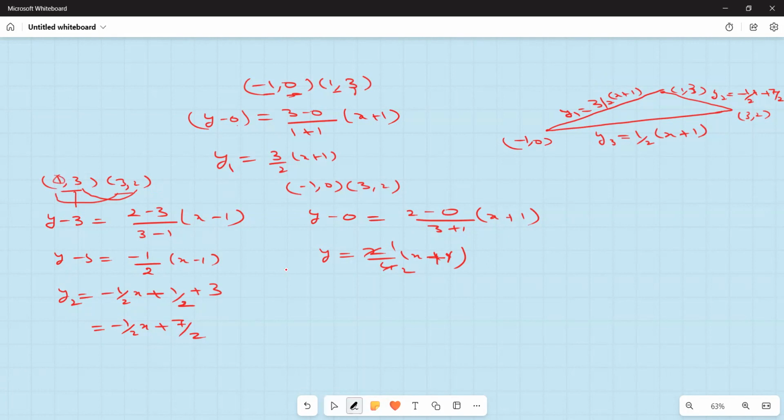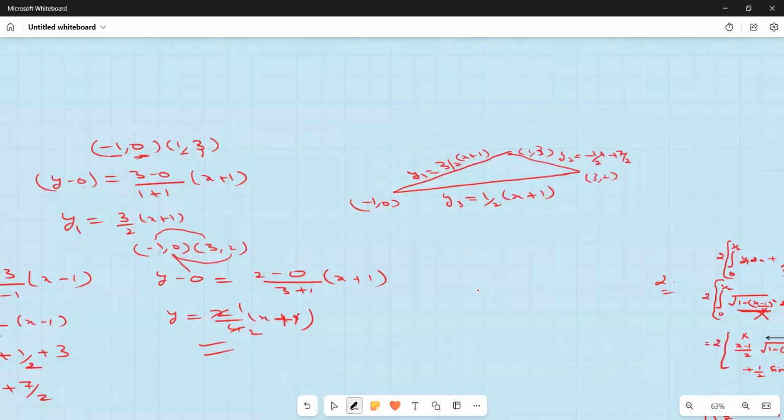So this is minus 1 by 2 into (x minus 1). When this 3 comes to this side, it will be plus 3. So minus half x plus half plus 3, so 6 plus 1, 7 by 2. Right, so this is also right. Third one, minus 1, 0: the same formula, so this is also right. So we have found the equations.